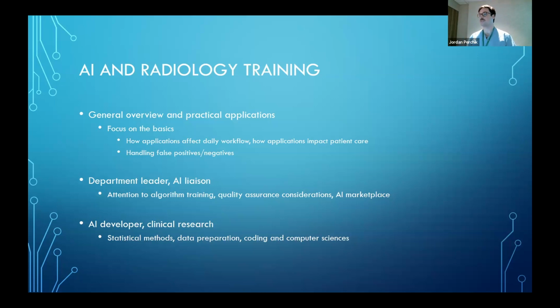For the vast majority of our trainees, these individuals need to have a general concept of how AI applications work, know how they can be deployed effectively, and know how to manage them in practice. So we want these individuals to have a general overview of the practical applications.